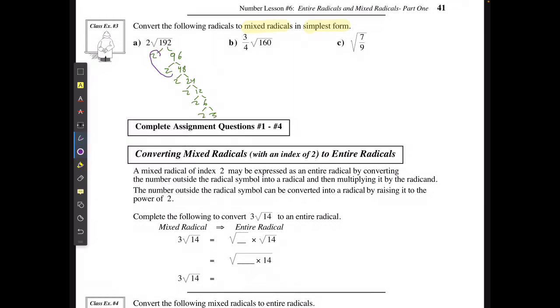I have one set of 2's, two sets of 2's, three sets of 2's, and a 3 by itself, but I also have this 2 that's already on the outside that's going to stay on the outside. So I have a 2 from here, and then I have a 2 from each of these sets. So the 2 that was on the outside, one from each of the 3 sets of 2's in there, and the square root of 3. And when I multiply this back out again, 2 times 2 times 2 times 2 gives me 16 root 3.